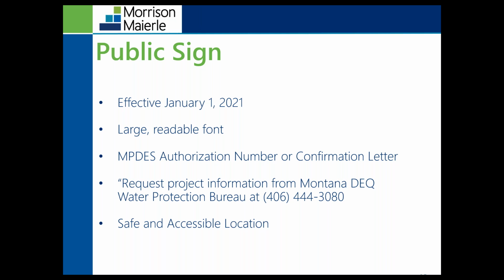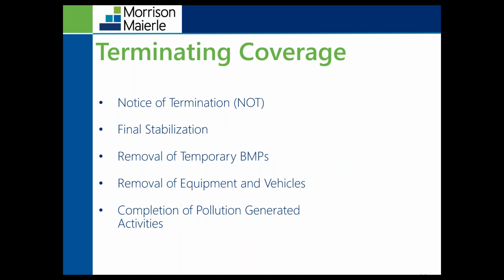So as part of this permit, you submit to DEQ, you receive authorization from DEQ to discharge stormwater from the site, and then after you have reached final stabilization, you can terminate the coverage of the permit.